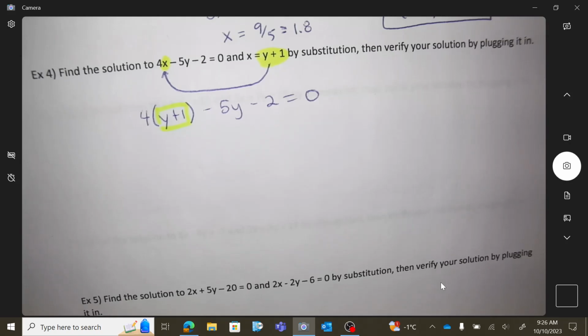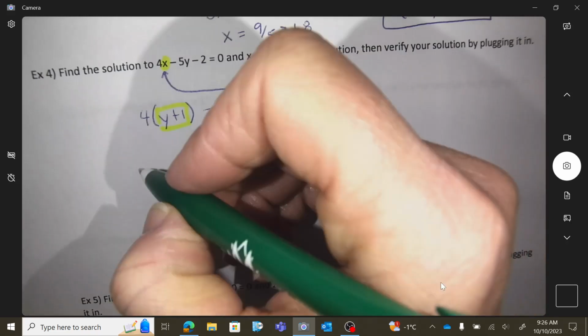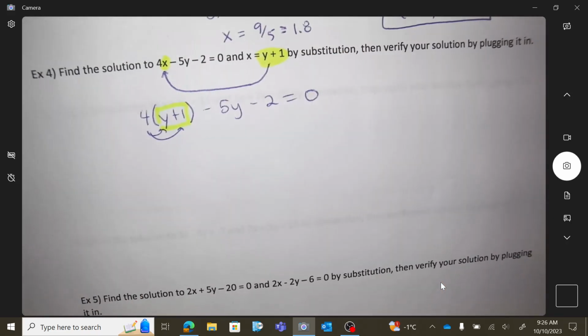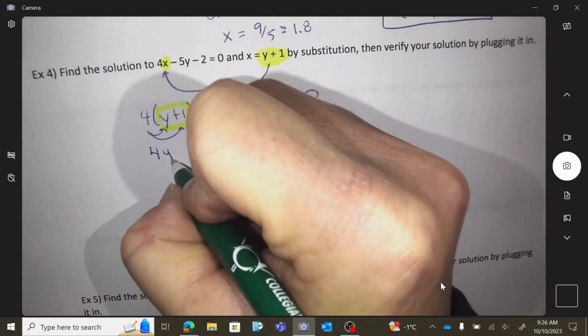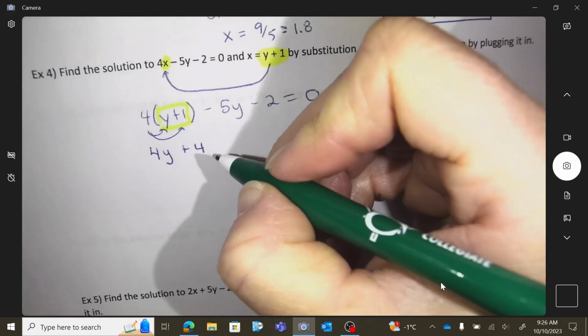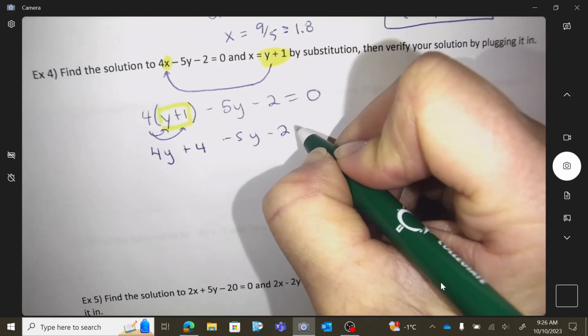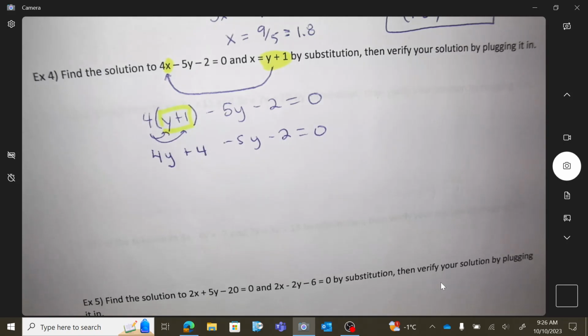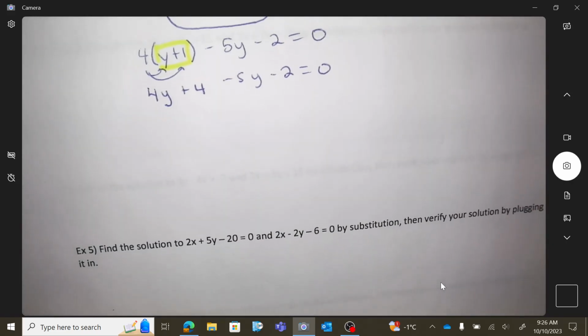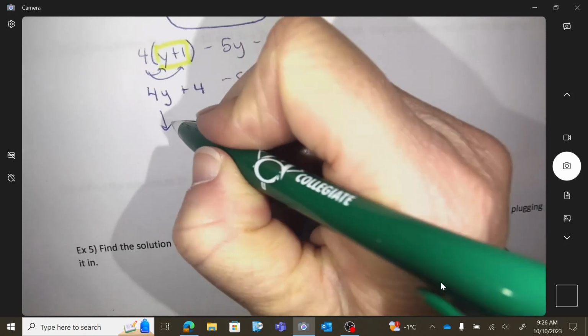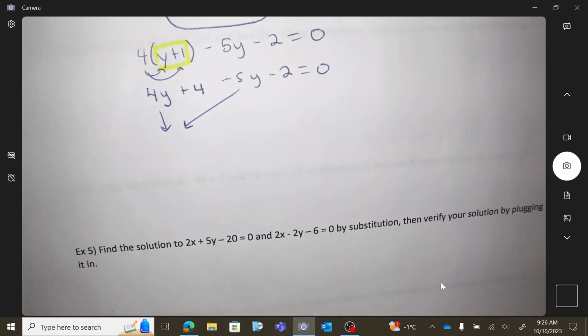Okay, algebraically, we've seen this one for example 1. So what's my step here? Distribute is my algebra step. So 4y plus 4, so algebra distribution. Collecting terms would be your next idea.